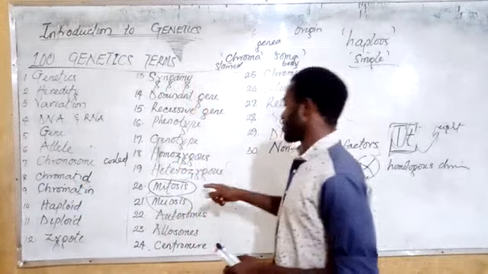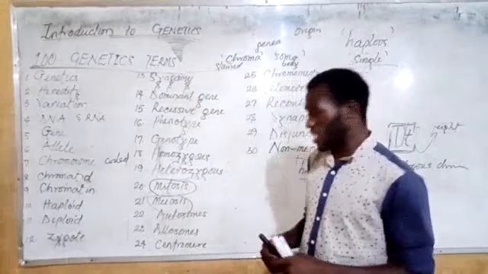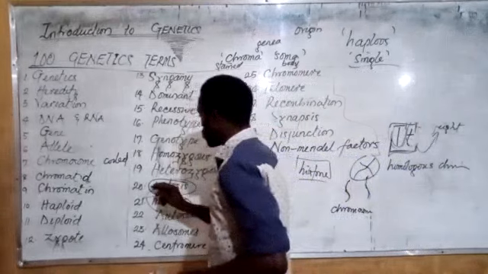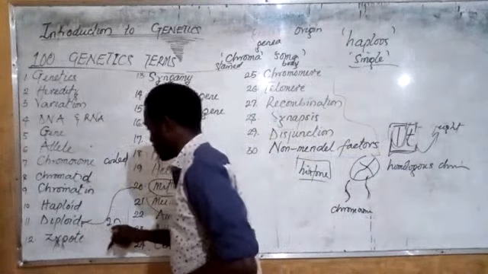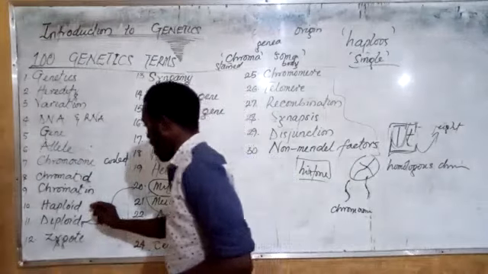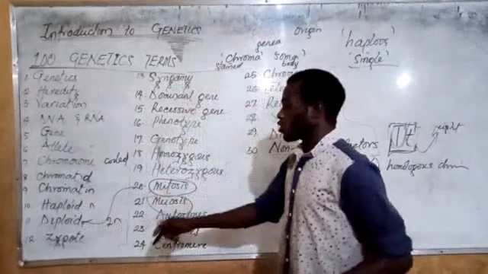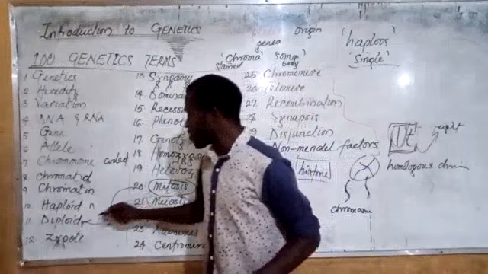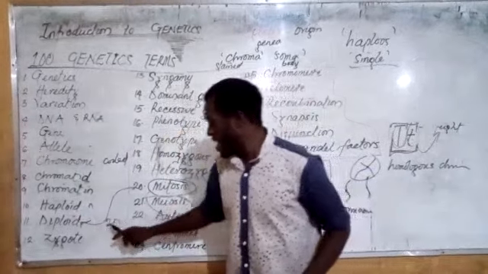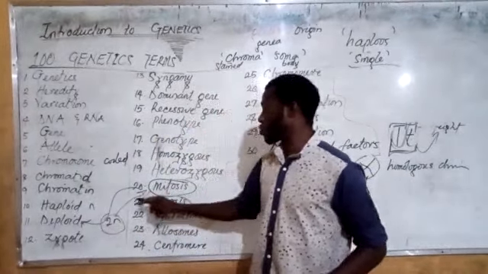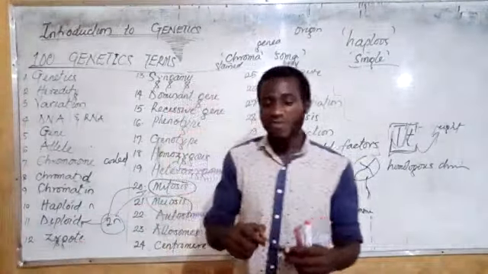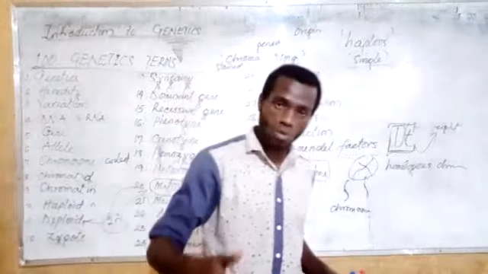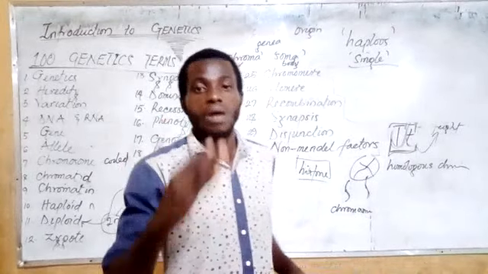So if the parents were diploid, they are going to produce a diploid organism. Diploid is represented by 2n, and haploid is represented by n. So when the offspring are formed, they have the exact same number of chromosomes as the starting parent, while in the haploid, they have only half the set of chromosomes that the parent possesses.